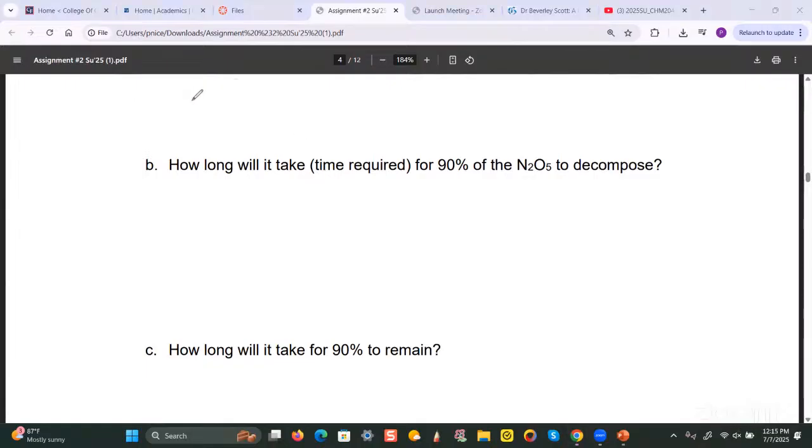You have concentration of A is equal to the initial concentration of A times e to the minus kt. And the other form is ln concentration of A is equal to ln initial concentration of A minus kt.